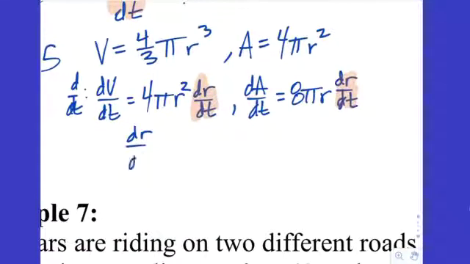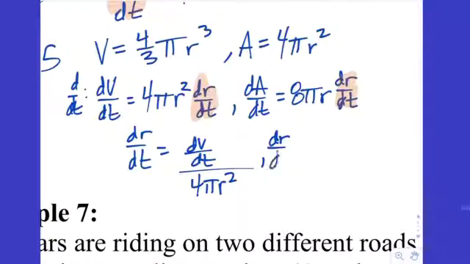If you solve for dr/dt, it's kind of like substitution in algebra 2, but we're doing it with derivatives. So if we divide through, we get dV/dt all divided by 4 pi r squared. And over here, we get dr/dt is equal to dA/dt divided by 8 pi r.